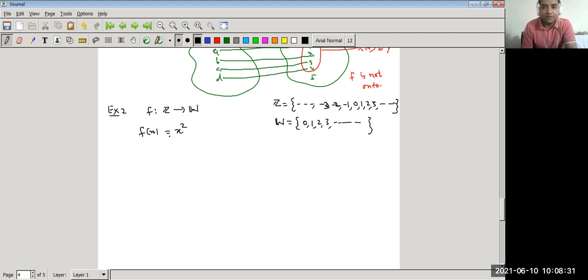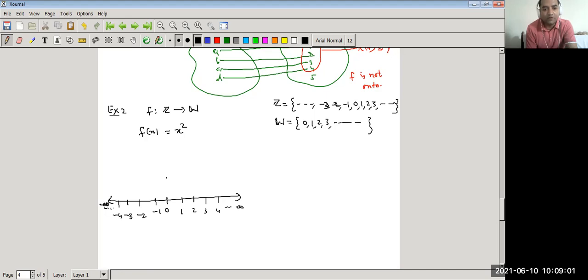Now, is this function onto function? So if we consider the domain, this is domain 0, 1, 2, 3, 4, and so on up to infinity, -1, -2, -3, -4, and so on, minus infinity.